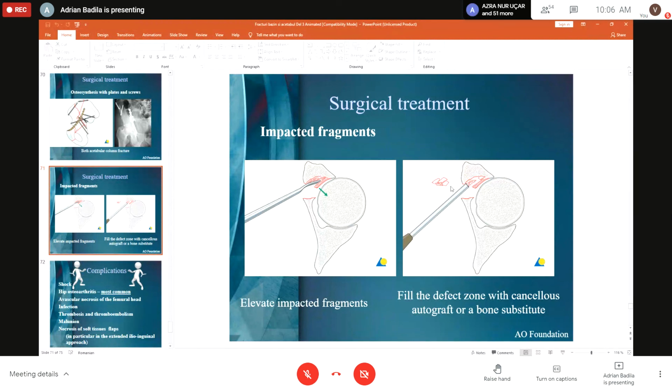This must be filled with something, and this something is cancellous autograft, which is harvested at the level of the iliac crest, or this empty cavity can be filled also with bone substitute. As I said, our aim is to obtain an anatomical reduction of the articular surfaces in order to prevent osteoarthritis in time.